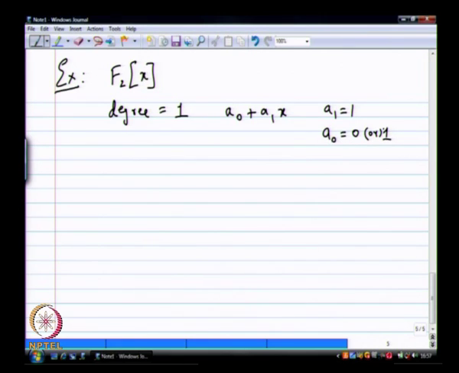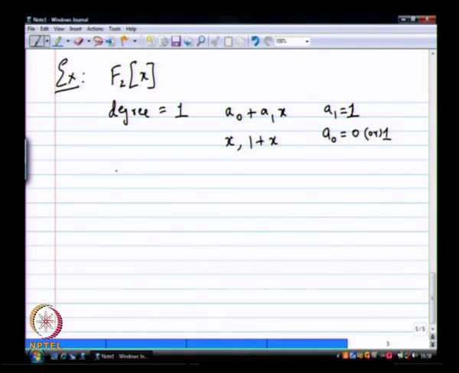So you have 2 polynomials of degree 1 in F_2[x]. What are the 2 polynomials? x and 1 plus x, and both of them are irreducible, right? Can't reduce x and 1 plus x. Hopefully it's clear.